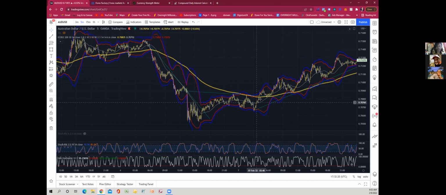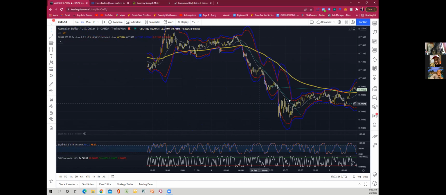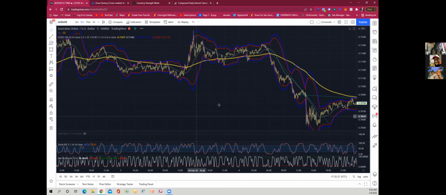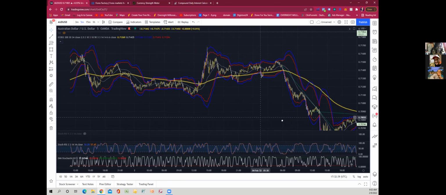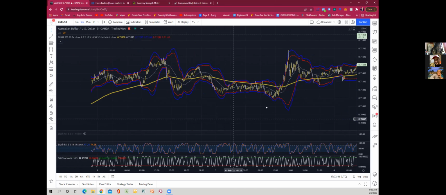Then it's going to break out and it's going to go to the upside. Okay, look at this over here. Another example. Small uptrend, consolidates, breaks on the downside. Yeah. Does it again.